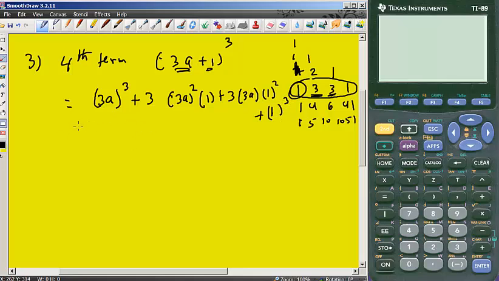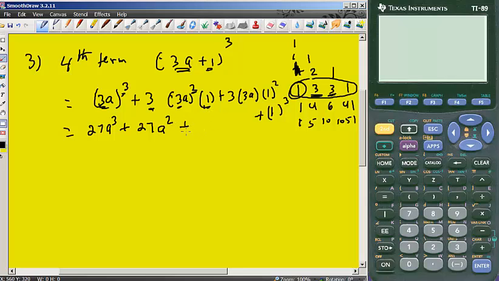Okay, we have to clean this up. 3a to the 3rd, 3 times 3 times 3, which is 27a to the 3rd, plus 3 to the 2nd, which is 9. 9 times 3 is just 27a to the 2nd times 1.